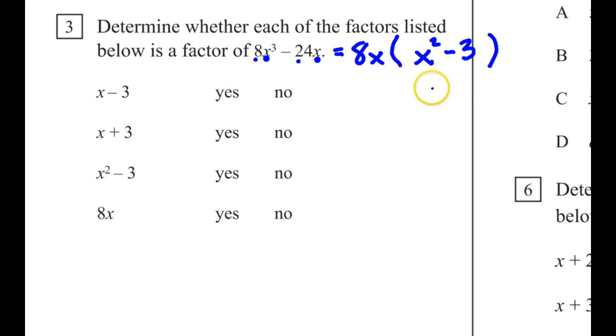Does that go to like x plus 3, x minus 3? No, 3 is not a perfect square. If it was 4 or 9 or 25 or 16, then we'd keep going. But 3 does not work, not a perfect square. So we have 2 factors. We have 8x as a factor, and we have x squared minus 3 as a factor. So both of these are factors, and these are not.